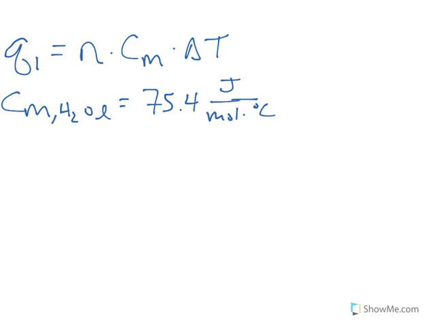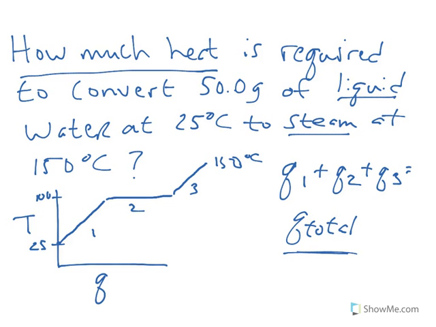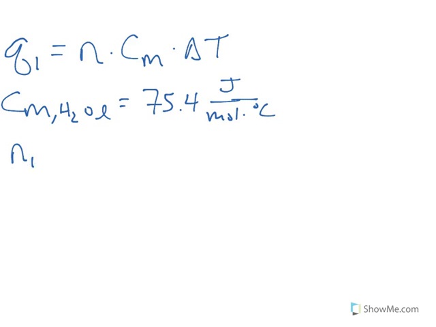Okay, so we've got that constant. Now n, what's that? That's the moles of water. How many moles of water do I have? They tell me 50 grams, so I have to do a conversion. The moles of H2O is equal to 50.0 gram, converting grams to moles with the formula weight of water, which is 18.0 gram per 1 mole.